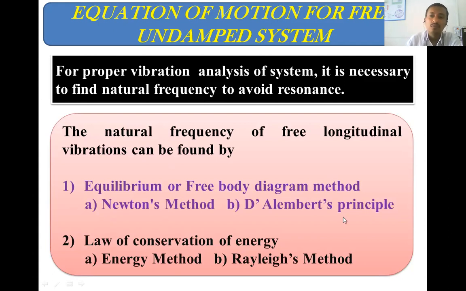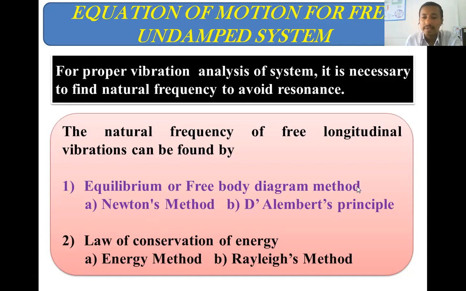By using these methods, we are going to get the equation of motion for the free undamped vibrations. Newton's method means we use Newton's second law, that is F equal to ma, applied force is equal to accelerating force.